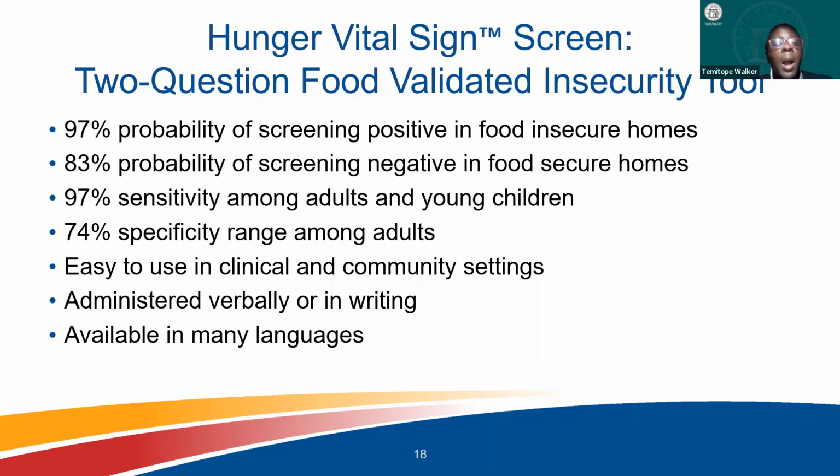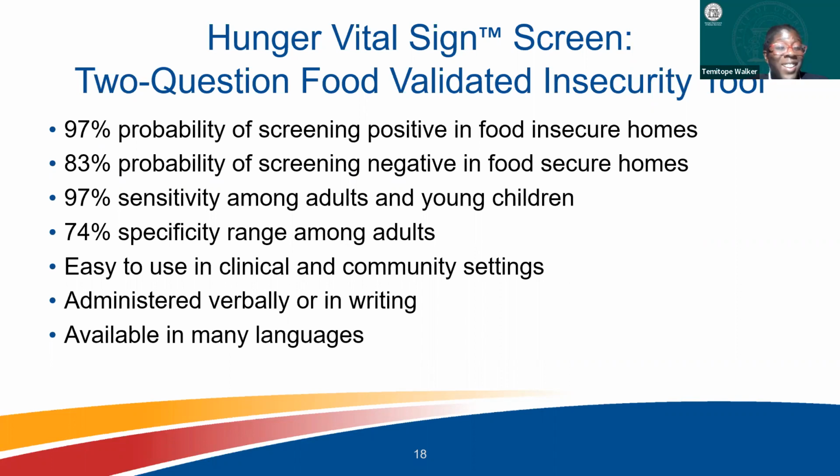So this 2-item tool really has some key factors here. What we know is that there is a 97% probability of screening positive in low-income homes, 83% probability of screening negative in food secure homes, and 97% sensitivity among adults and young children.